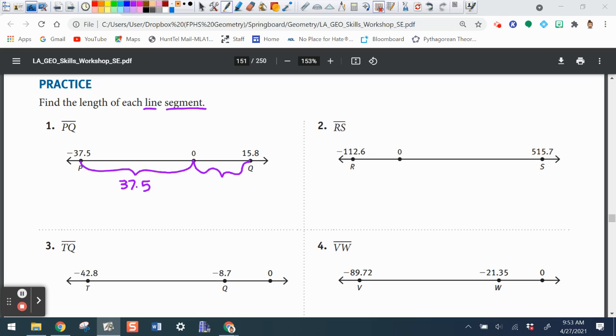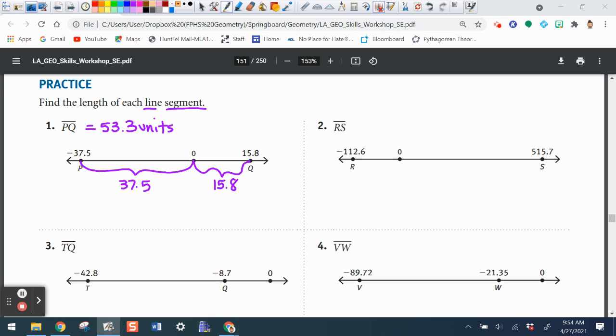And what is the distance from Q to 0, or 15.8 to 0? Well, none other than 15.8. So then we simply can add those two units together, and we get a total of 53.3 units. So the distance of PQ is 53.3.